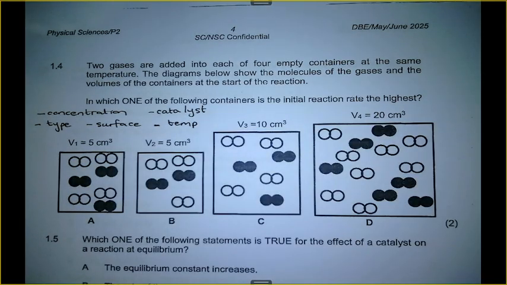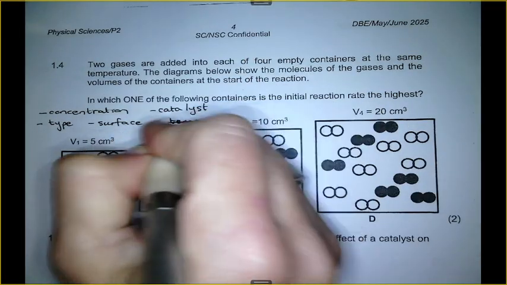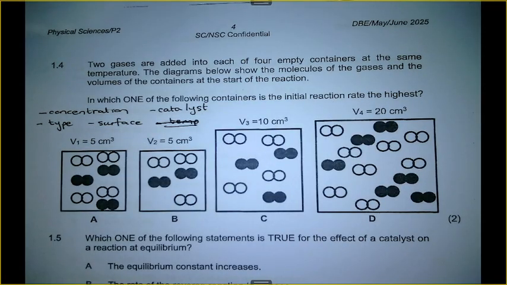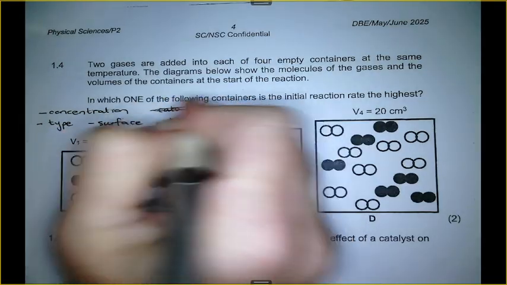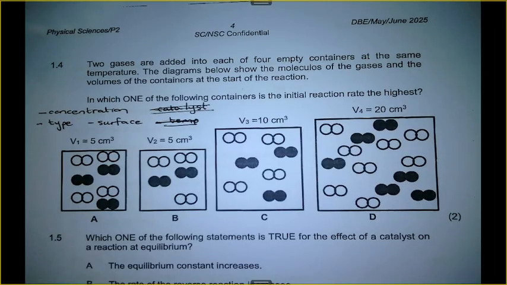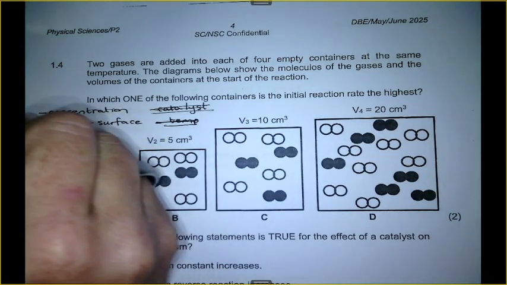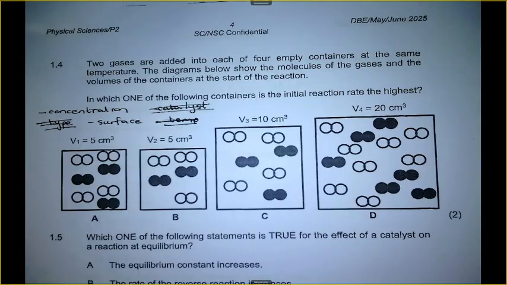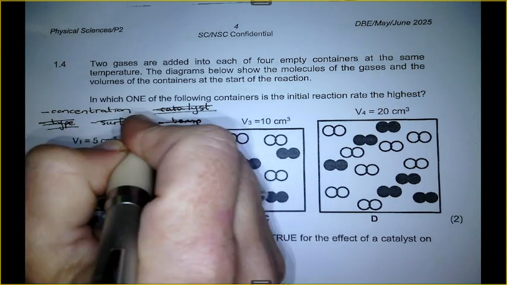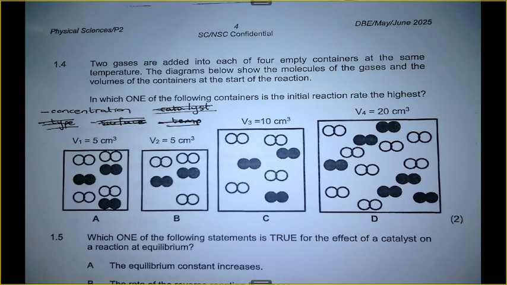At the same temperature. No catalyst involved. These are all gases, so I can assume that they are all the same surface area. So the only one of the rate of reaction factors that we are looking at is concentration.